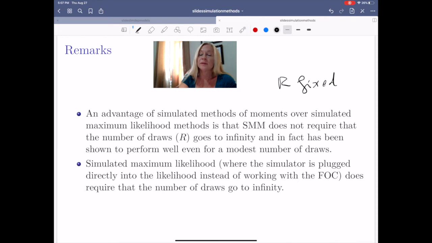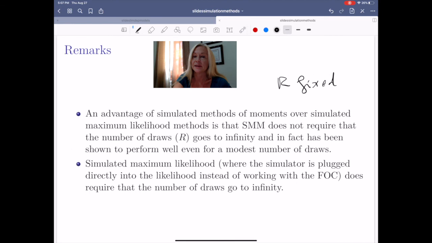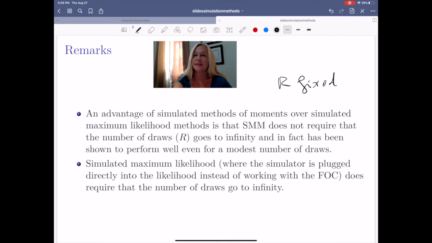But you can do either one. When I use these methods, oftentimes I use both, simulated maximum likelihood or simulated method of moments. And even though the model I did only had taste heterogeneity and the other one only had preference heterogeneity, you can easily have a model that combines both.